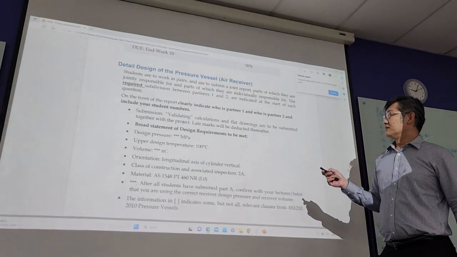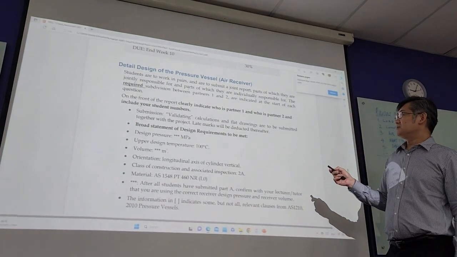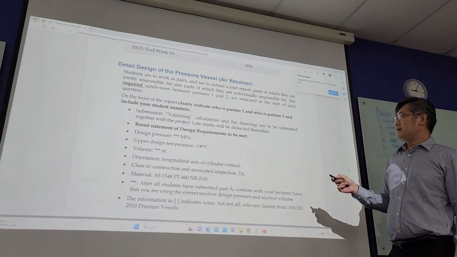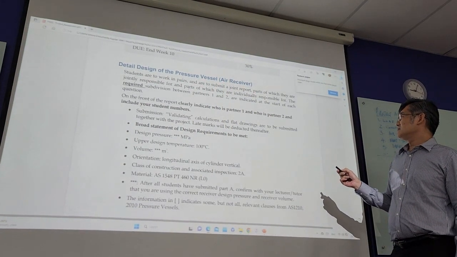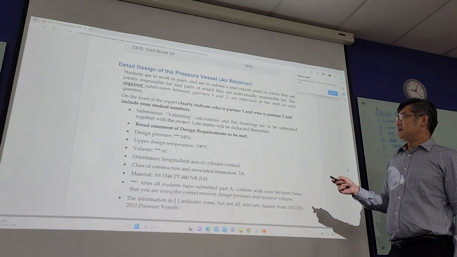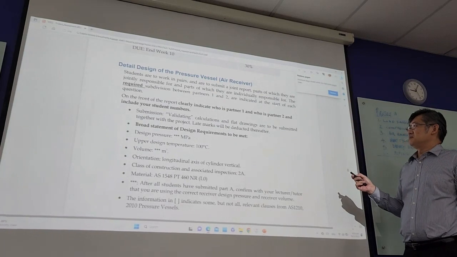Detailed design of the vessel, also known as air receiver. Students are to work in pairs and submit a joint report. Part of it they are jointly responsible for, and part of it they are individually responsible.